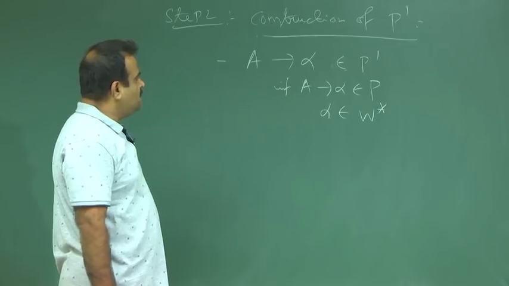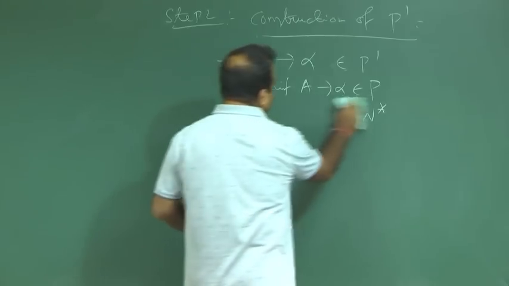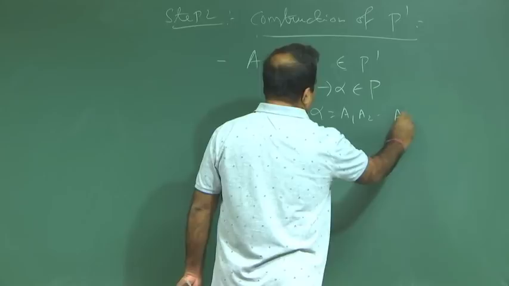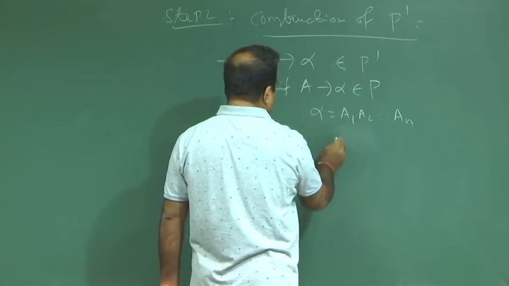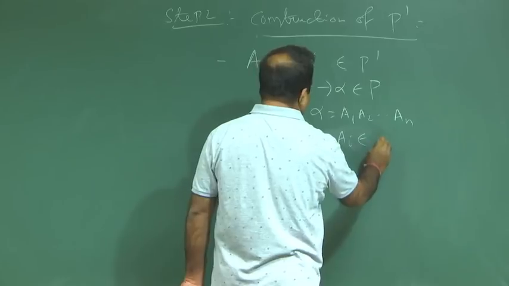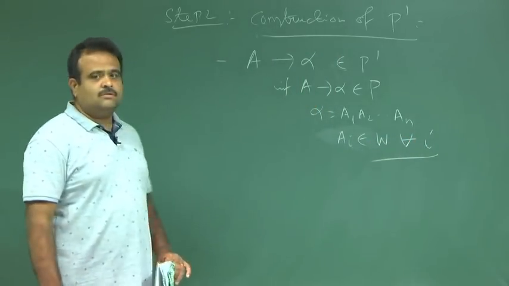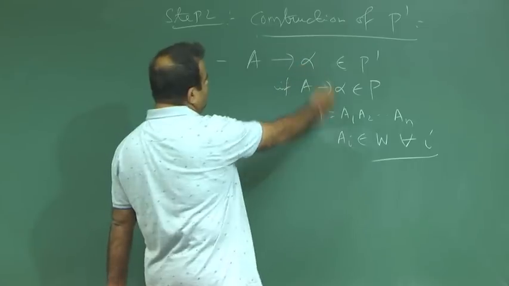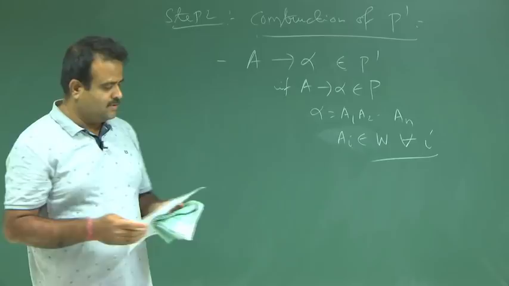That is, alpha, which we can write as A1, A2, up to An, has no Ai belonging to W for all i. That means we just include all the productions whose right hand side does not contain any nullable variable. That is the first step.